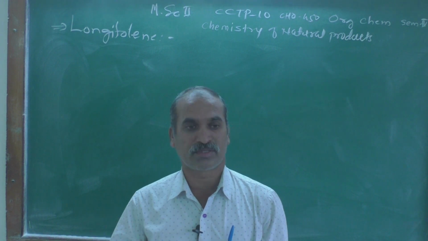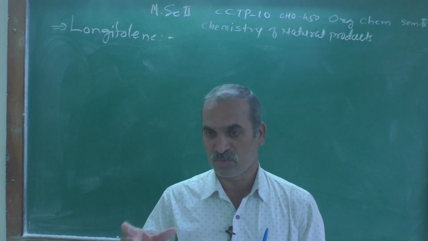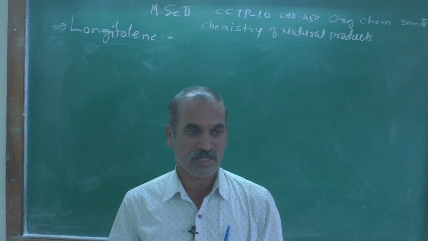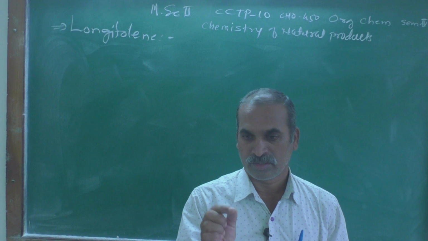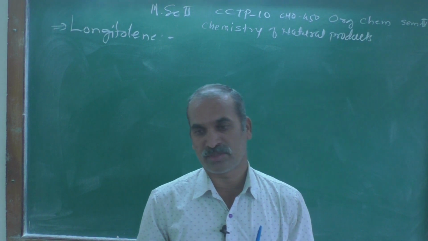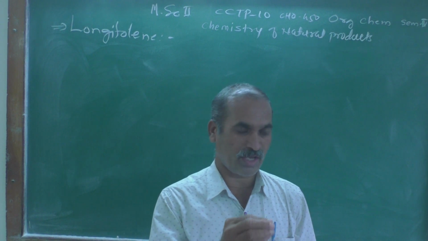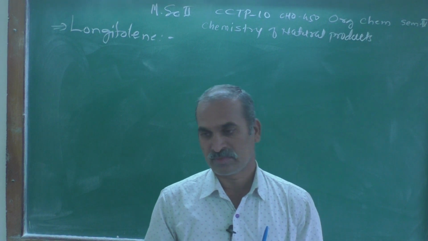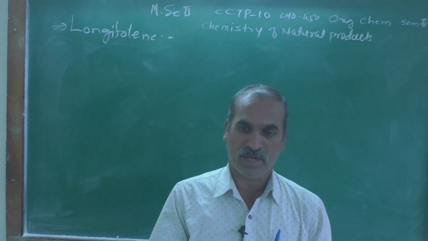The only functional group present is a carbon-carbon double bond, meaning olefinic, and because it is a hydrocarbon, carbon-carbon bond formation is a challenge before the organic chemist, and that methodology we are learning here.